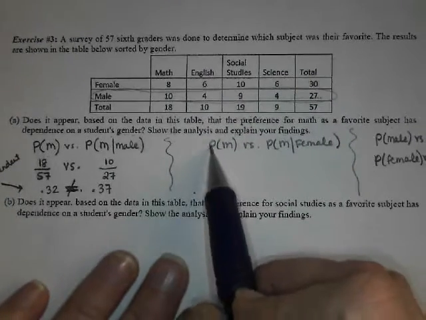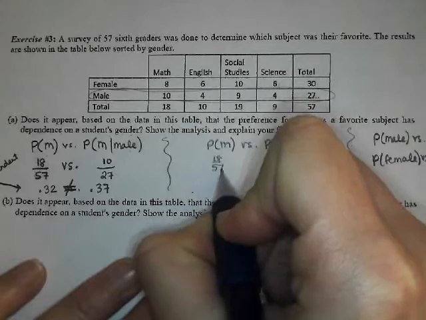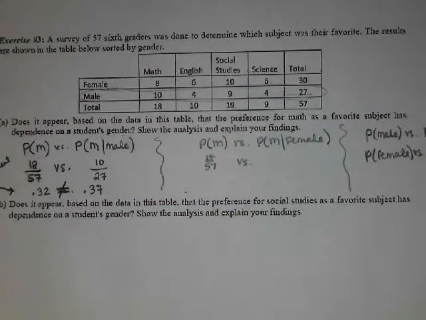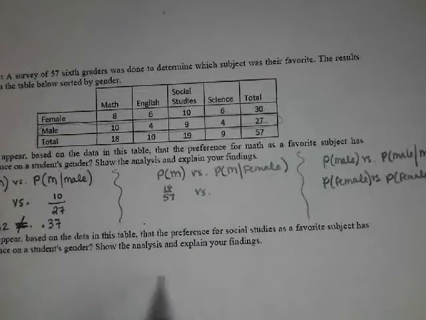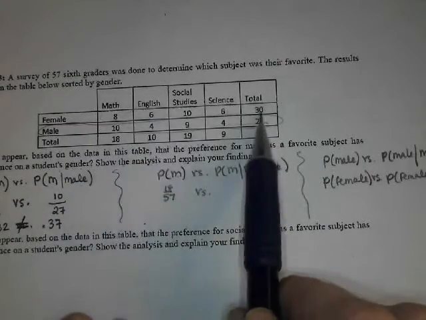So again, our probability of liking math is still 18 out of 57. We're going to compare that to our probability of liking math, given that we have to be a female. And Kaylee, what's that probability going to be? 8 out of 30. You have to be a female, so we're only looking at these 30 people.